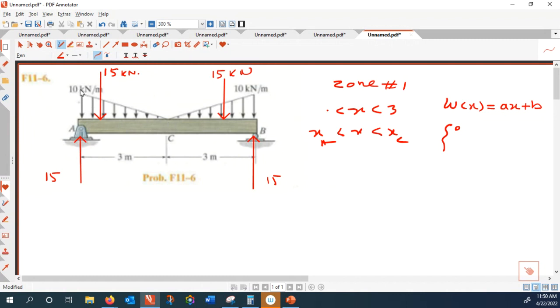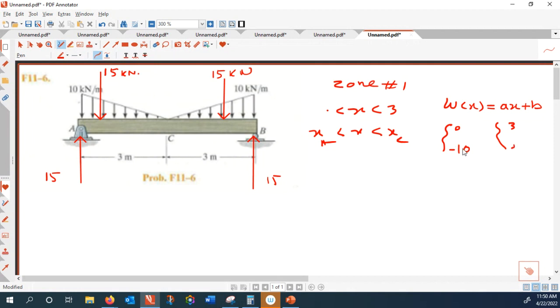But at the beginning, it's not 0. That's the starting point. The starting point is minus 10. I don't know why everyone makes this mistake. Yeah, minus 10. And when x is equal to 3, what is W of x?